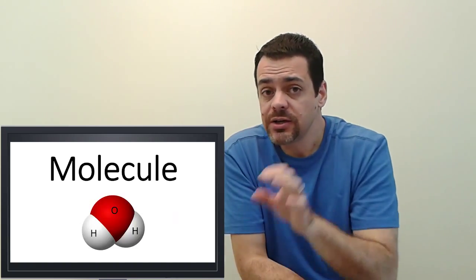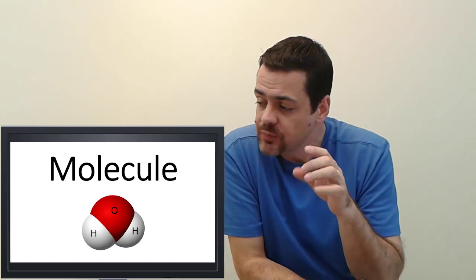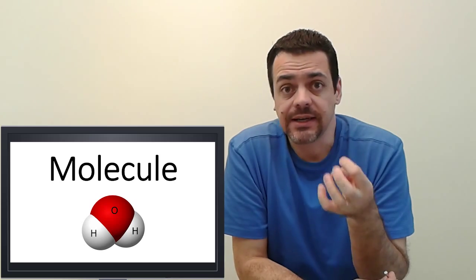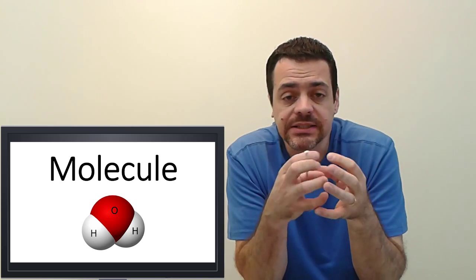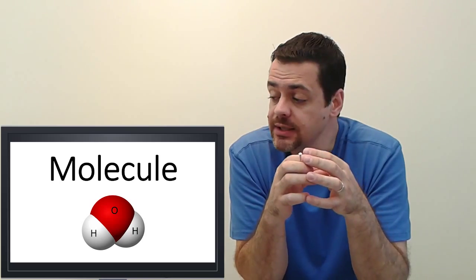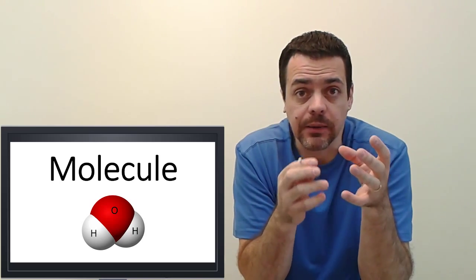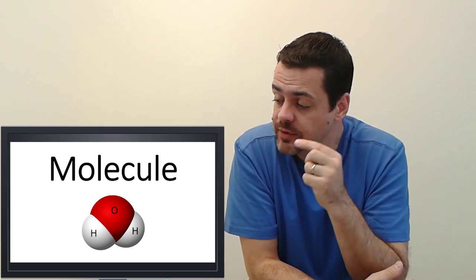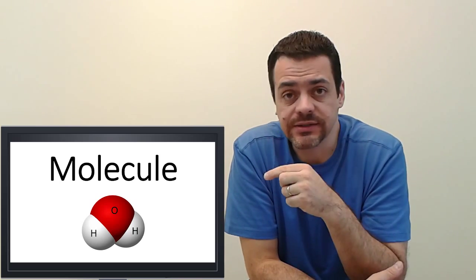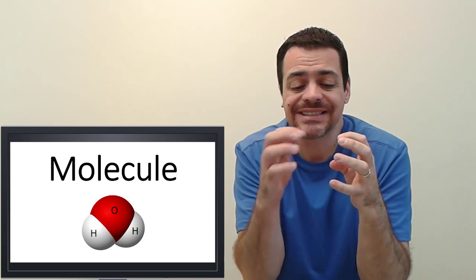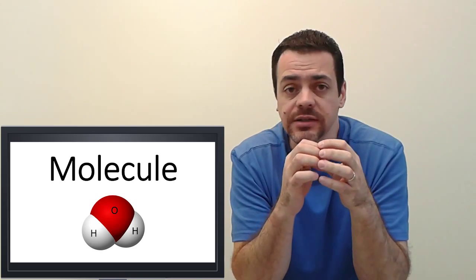Okay? Another very important concept is the molecule concept. Some materials you find in nature are a mix of different atoms, like water, for example. Water is a mix of atoms of hydrogen and oxygen. We have 2 atoms of hydrogen mixed with 1 atom of oxygen.